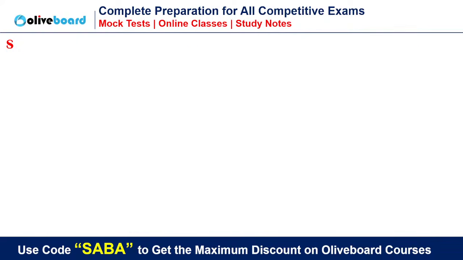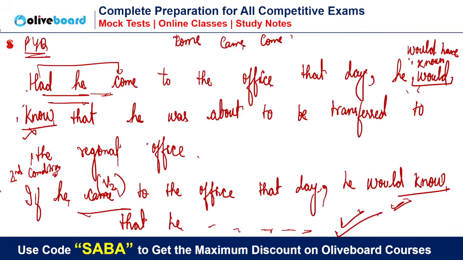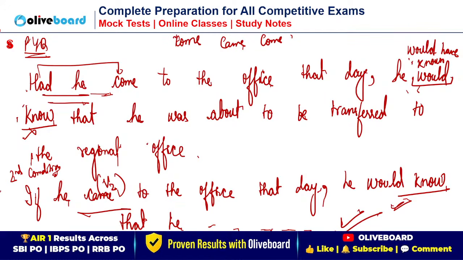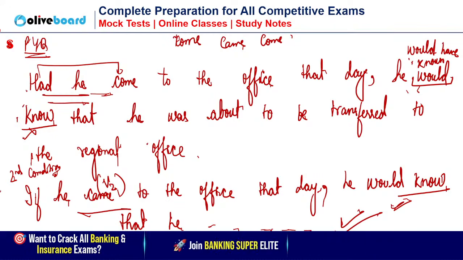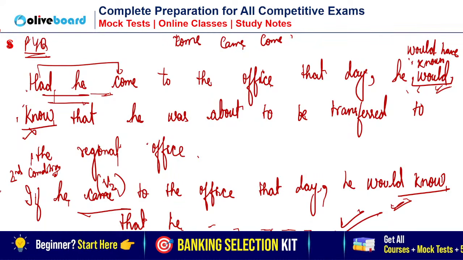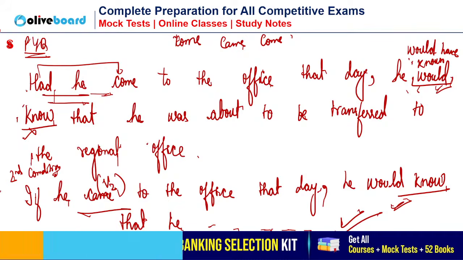I'm trying my last way, okay? In the second condition, we need V3. Nothing is permanent, Suvarna. As per the rule, we will have to change. Here, if it is had plus V3, it is would have plus V3. As per the structure, as per the rule, we have to change.